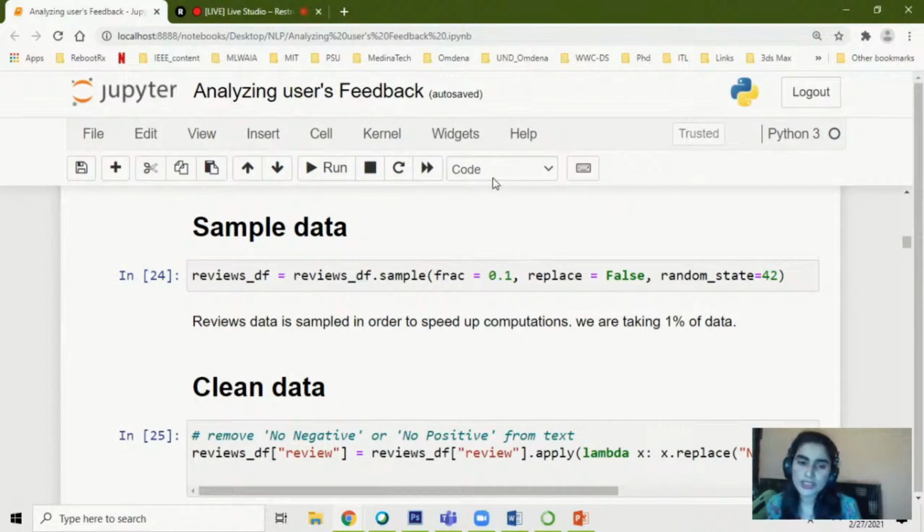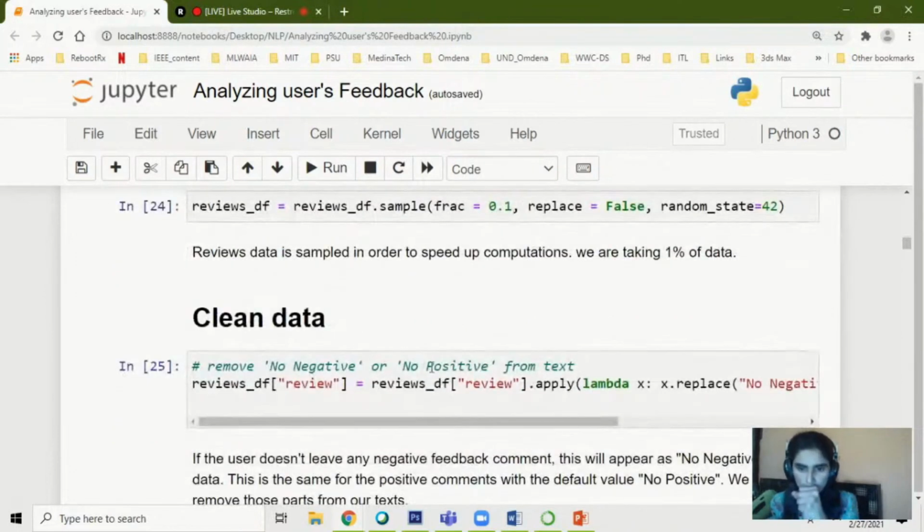So these types of cases are very rare. For generic purposes, we can take a smaller fraction of data as well. So I have taken a 1% sample of the dataset.